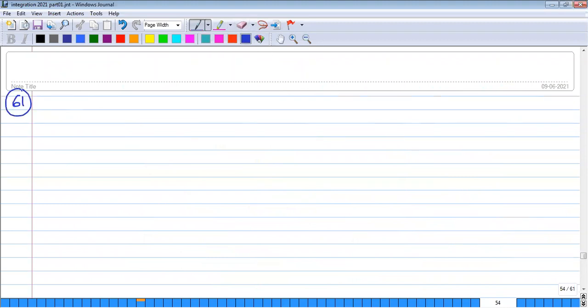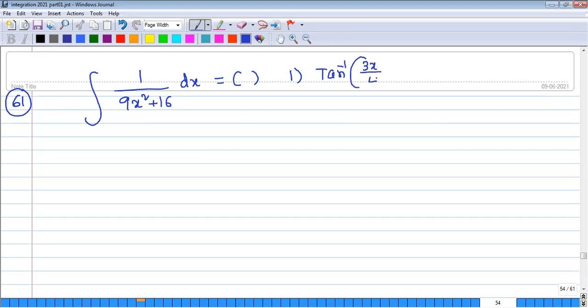61. Integral 1 upon 9x square plus 16 dx. First option, tan inverse 3x upon 4 plus c. Second is 1 by 12 times tan inverse 3x upon 4 plus c.